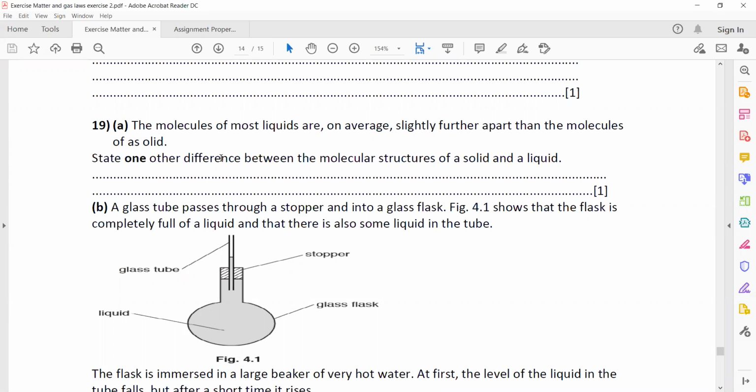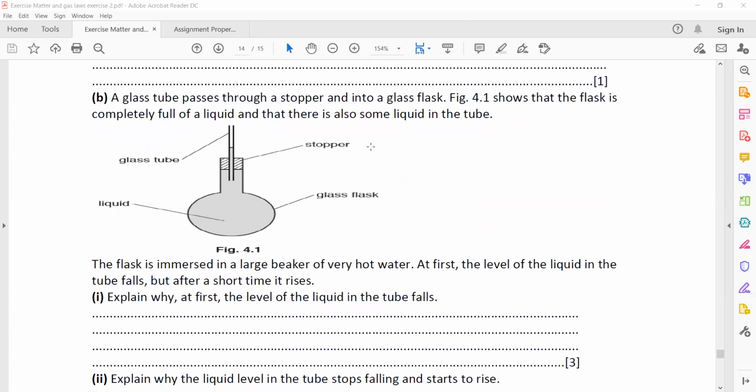The next part is, now a glass tube which passed through a stopper into a glass flask, as you can see, shows that the flask is completely full of liquid, and there is also some liquid in the tube.